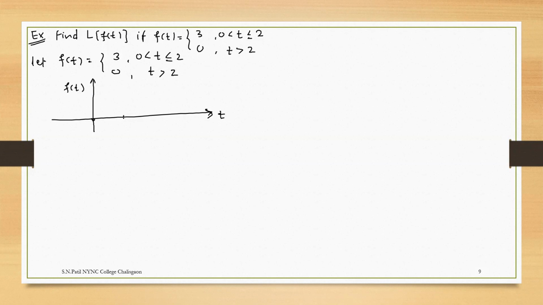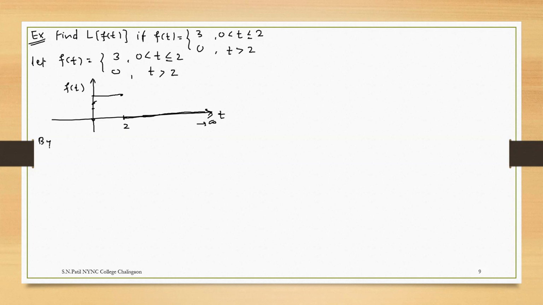The first part is 0 to 2, in which the value of f of t is 3. After that, from 2 to infinity, its value is 0. So this is the graph of the given problem.